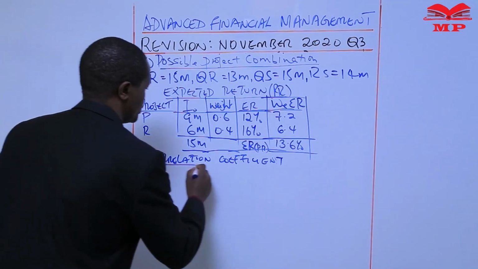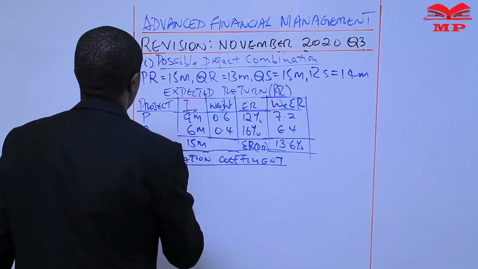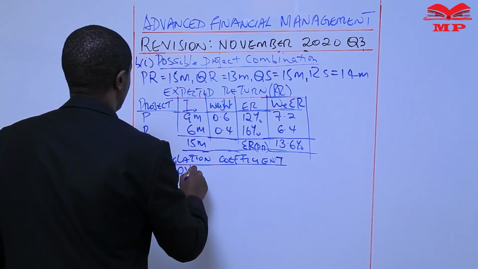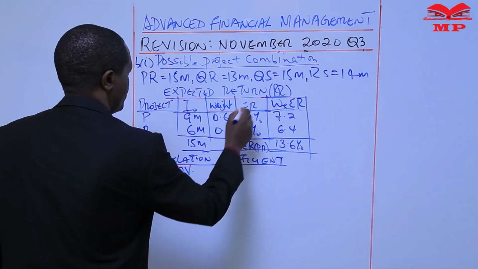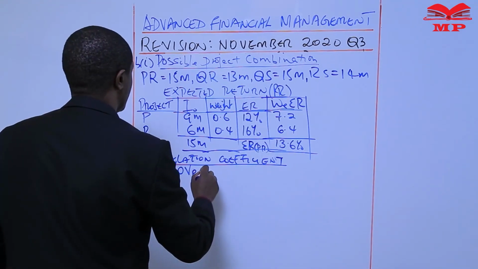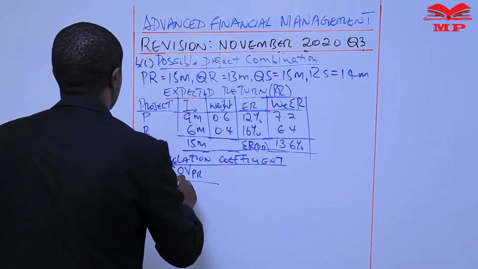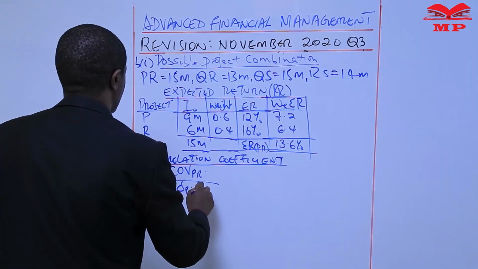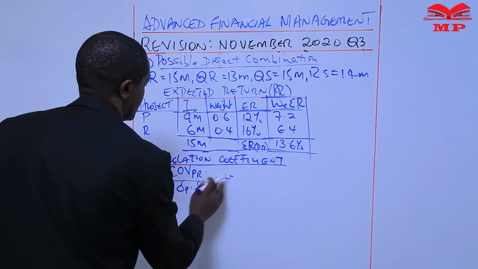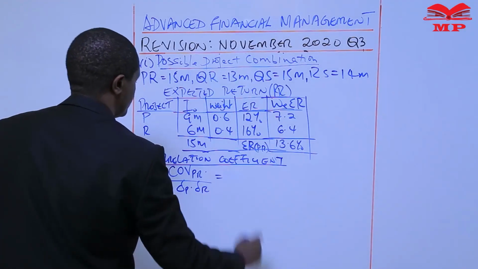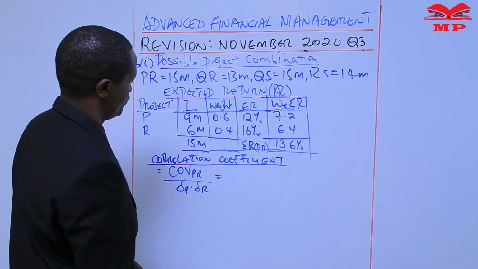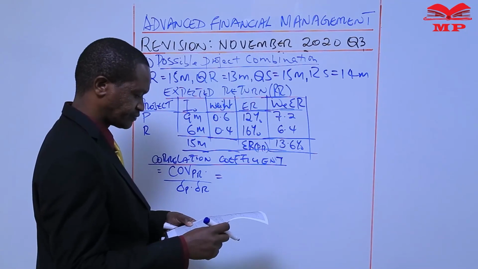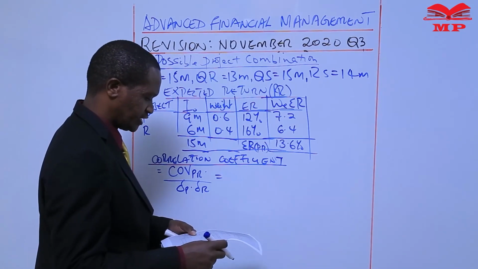Now the correlation coefficient, candidates, will be equal to the covariance of project PR divided by the standard deviation of P times the standard deviation of R. The covariance of PR, which we have in that question, candidates.